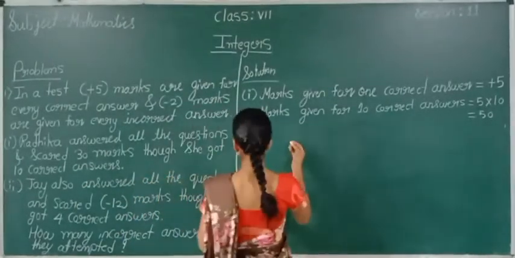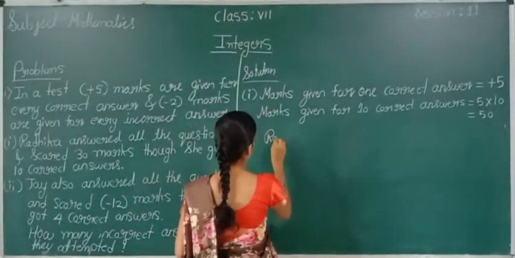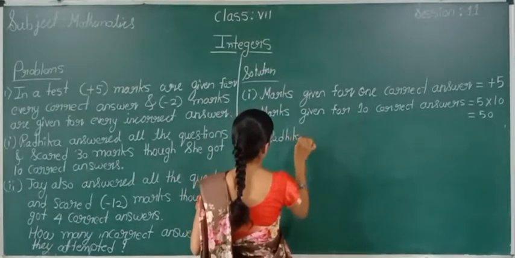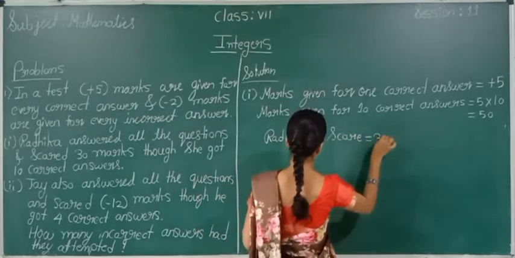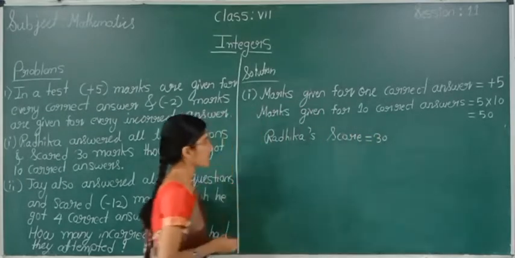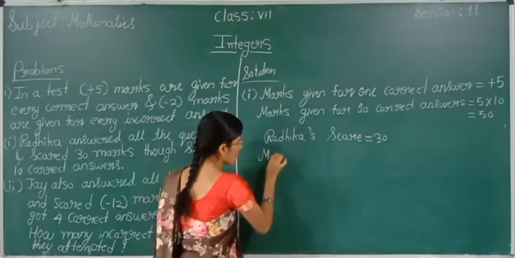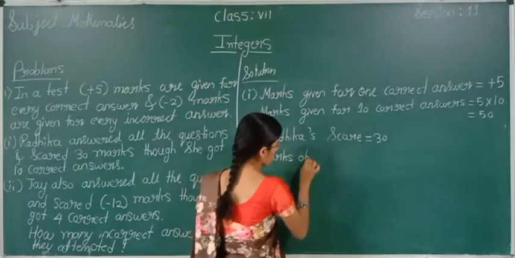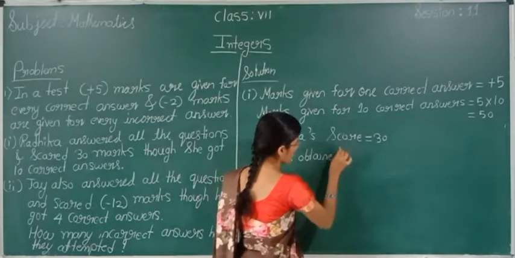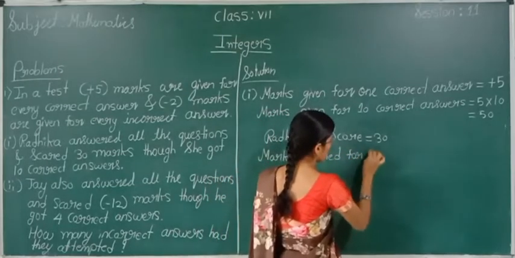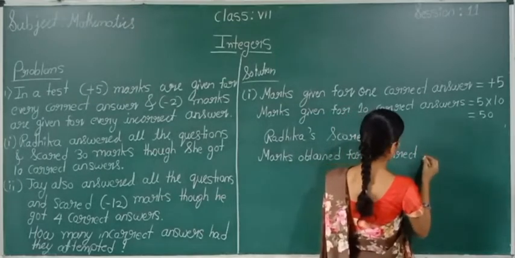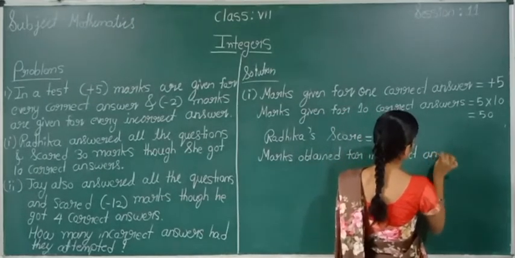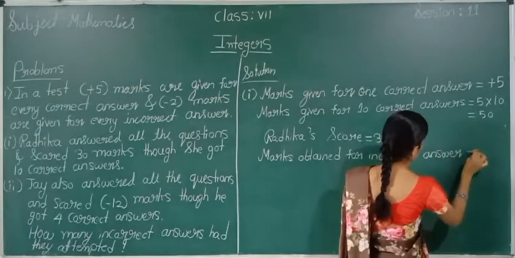Now what have they given as Radhika's score? Radhika's score is equal to 30. Now we will calculate the marks obtained for incorrect answers.